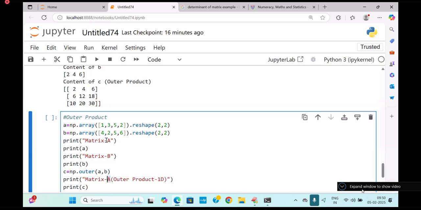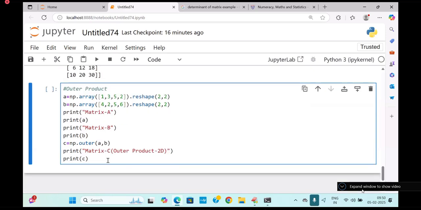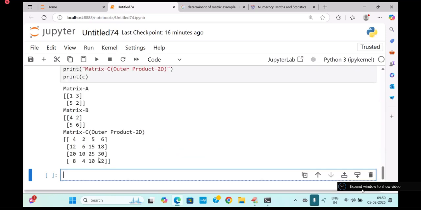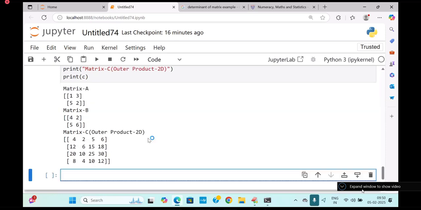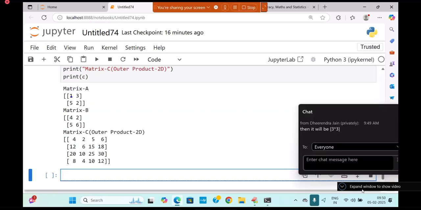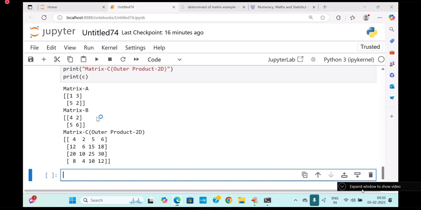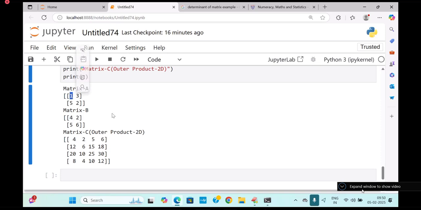What could be the result? Outer product on 2D. First of all, observe these two matrices and the result we got. Each element is multiplied with everything. 1 into 4, 4. 1 into 2, 2. 1 into 5, 5. 1 into 6, 6. One element is multiplied with all.